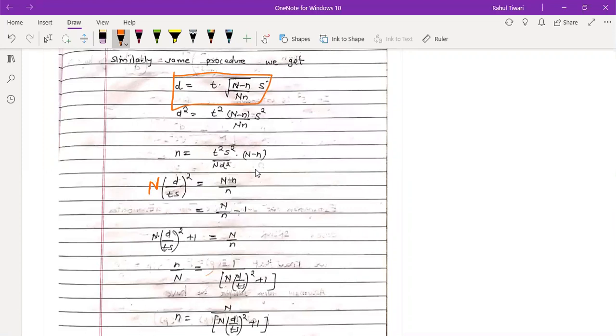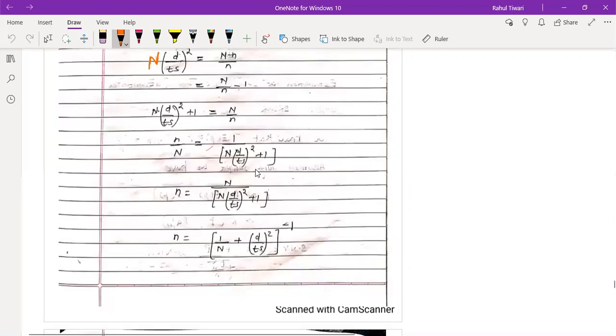Further we have to take this n, right? Do the reciprocal. If I do the reciprocal, n becomes the numerator, and capital N becomes the denominator. So again this capital N you multiply with this quantity.